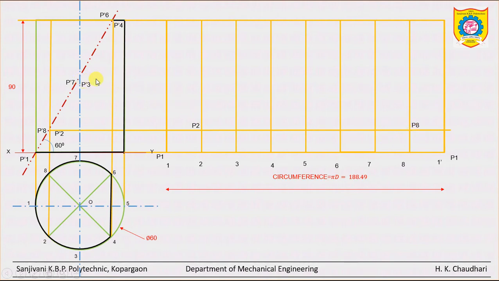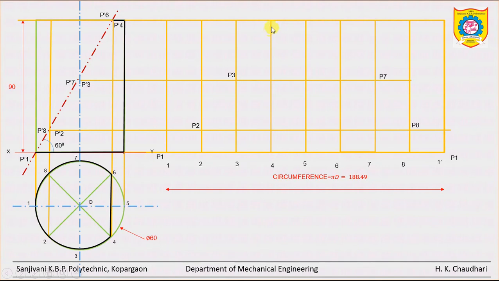Similarly, from P-3 we can locate here P-3 and here P-7. Okay. Now P-4 and P-6 actually they are on the top surface, that means on this line.